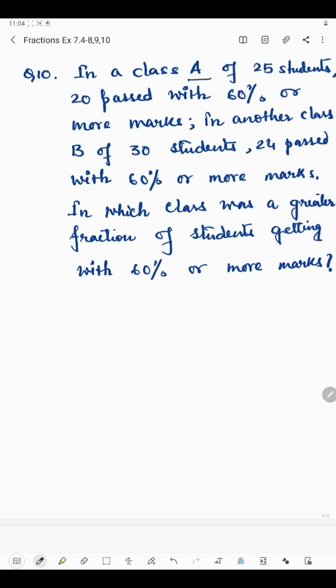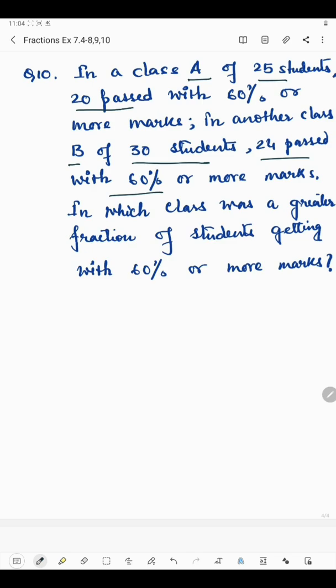In class A, total students were 25, and out of 25 students, 20 passed with 60% or more marks. And in another class B, the total number of students is 30, and out of 30 students, 24 passed with 60% or more marks.